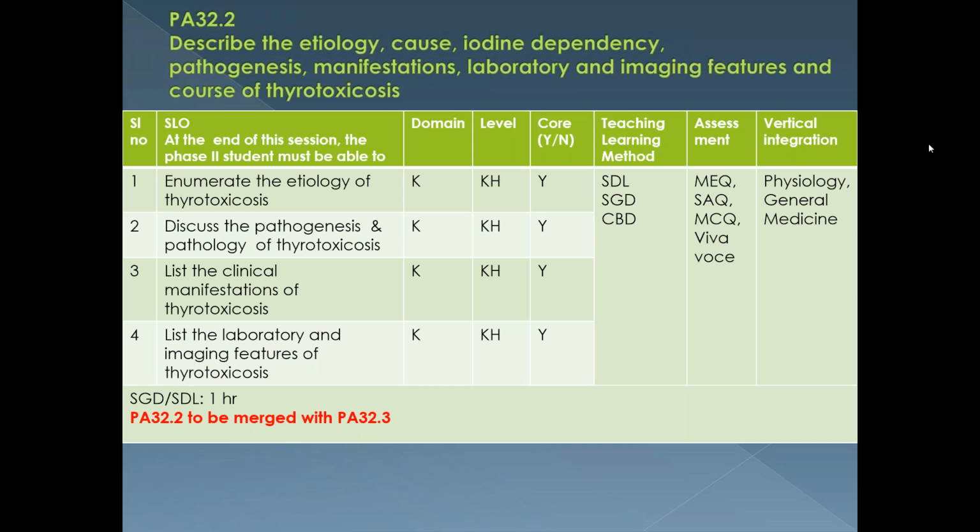Here the SLOs are to enumerate the etiology of thyrotoxicosis, to discuss the pathogenesis and pathology of thyrotoxicosis, to list the clinical manifestations of thyrotoxicosis, and to list lab and imaging features of thyrotoxicosis. All of these are knowledge domain, and know-how is the highest level.